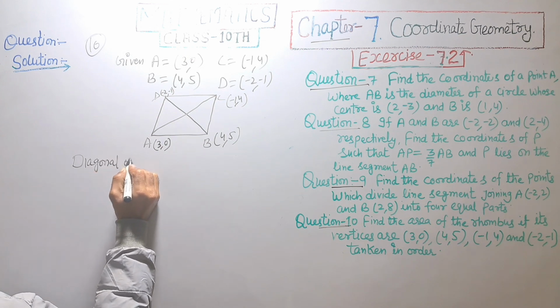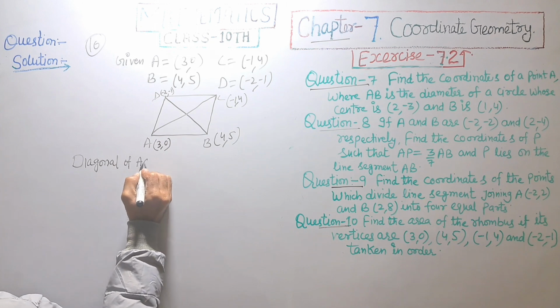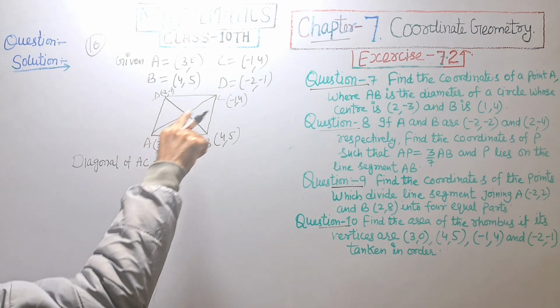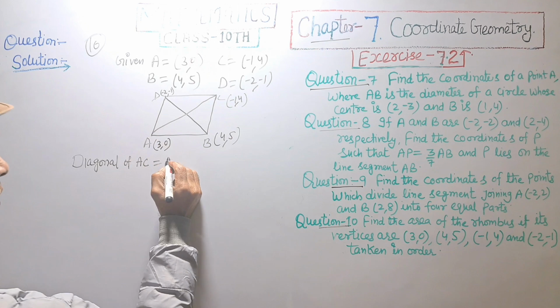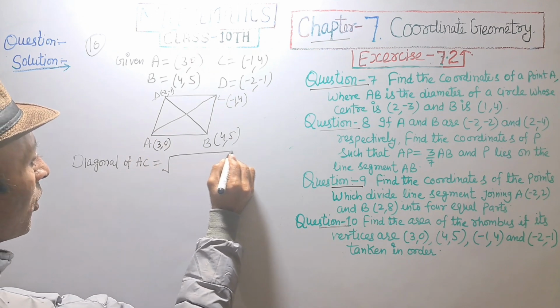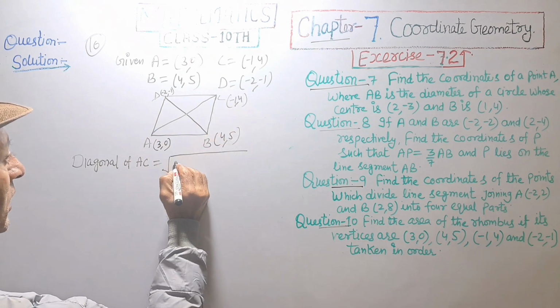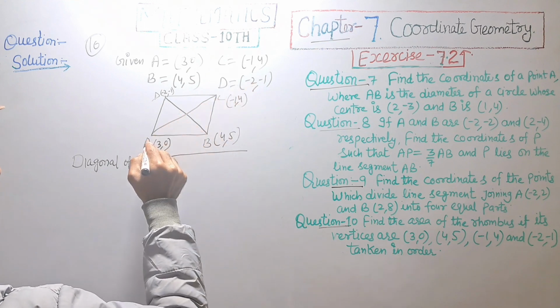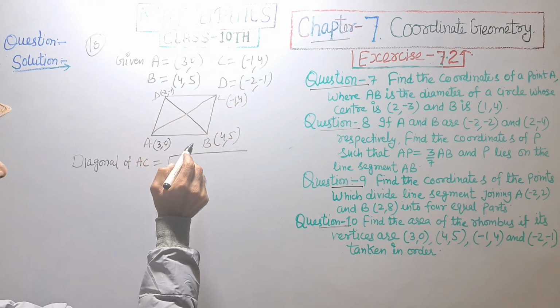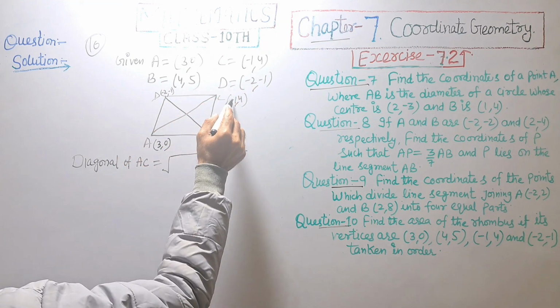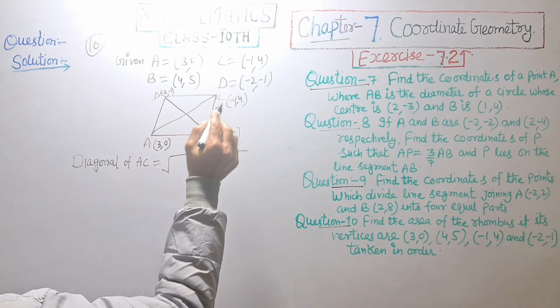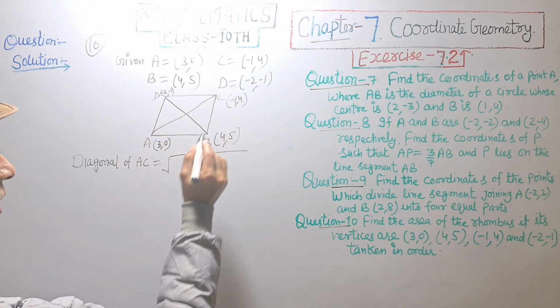Diagonal AC: using the distance formula, we get the value of AC as square root of (x2 minus x1) square plus (y2 minus y1) square.